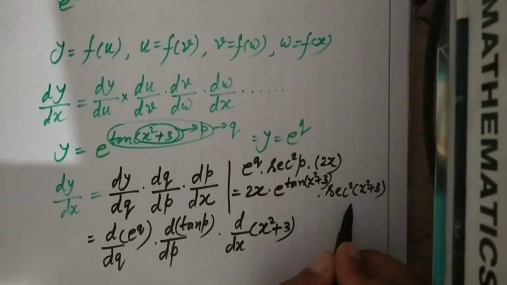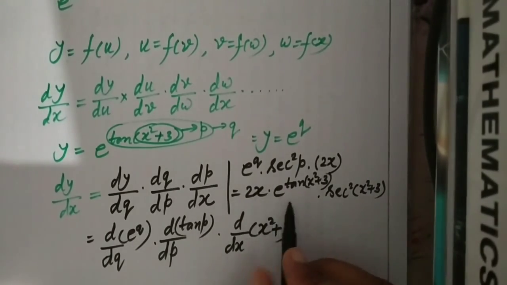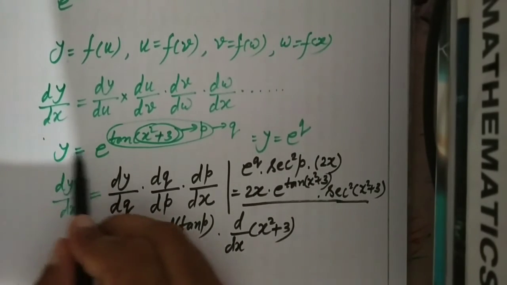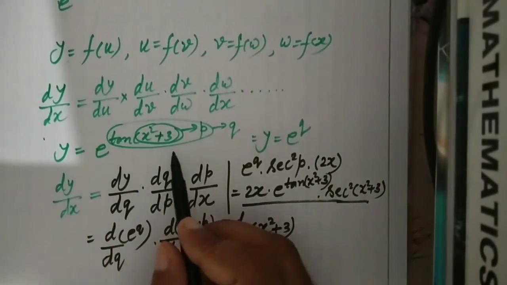So we get the derivative of the given function y, which was e to the power tan of x squared plus 3. This way you can solve many questions which are compositions of functions and find their derivatives with the help of the chain rule.